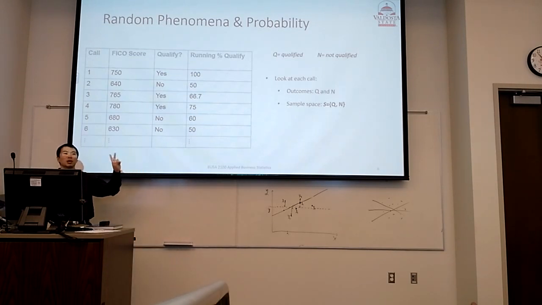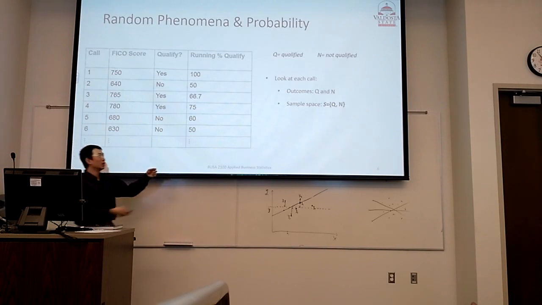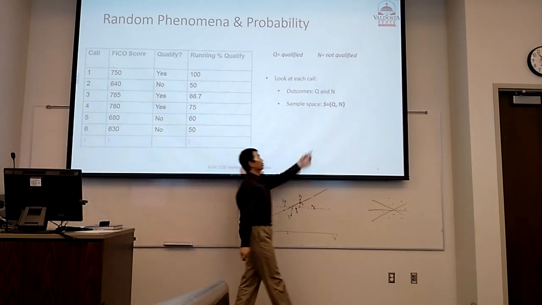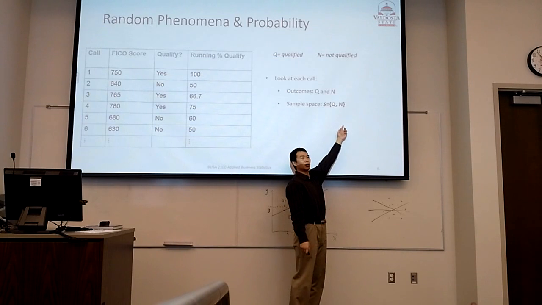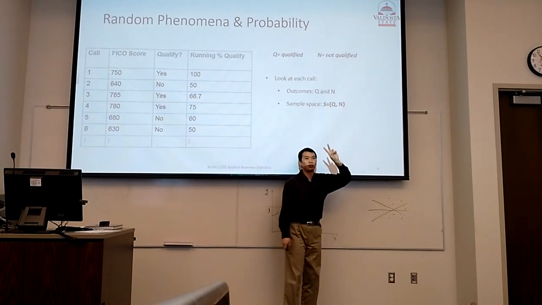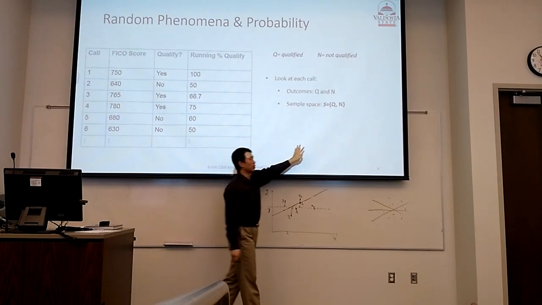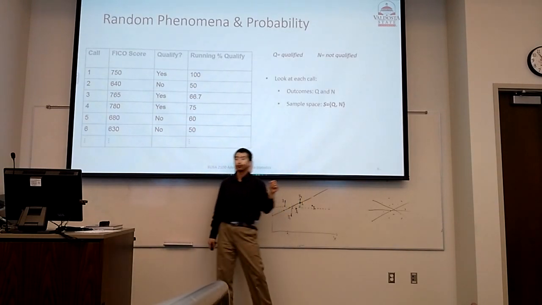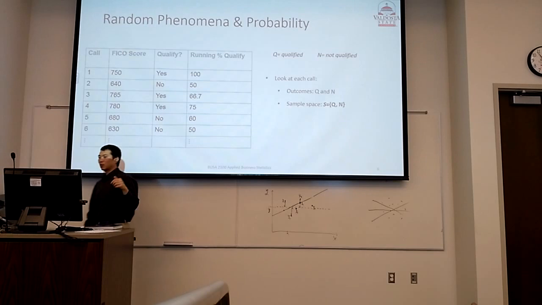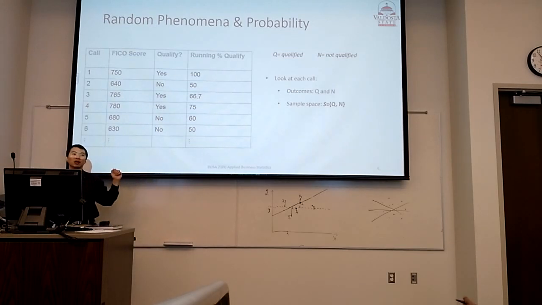So that's why the sample space is either qualified or not qualified. We only have two outcomes in our sample space. Okay? So that's our sample space. And we look at each call. So each call is one trial.